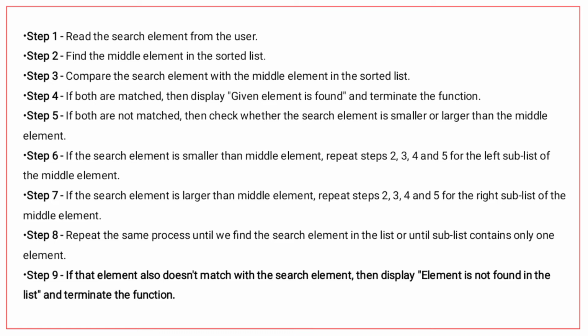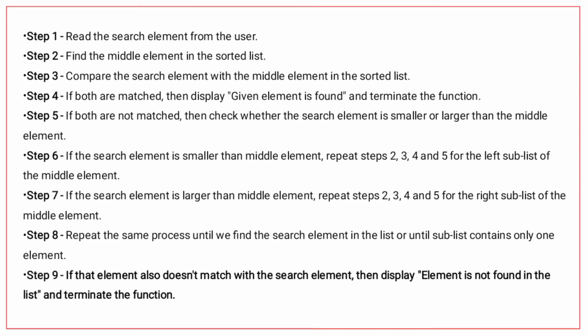Otherwise, we check whether the search element is smaller or larger than the middle element in the list. If the search element is smaller, then we repeat the same process for the left sublist of the middle element. If the search element is larger, then we repeat the same process for the right sublist of the middle element.